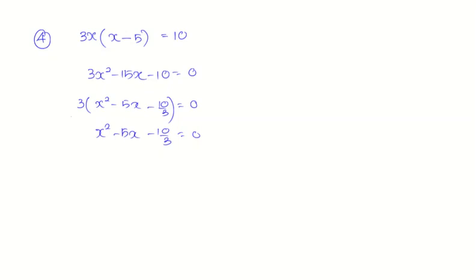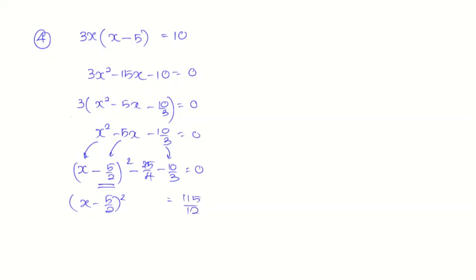Then we do the completing square again. x minus 5 over 2 bracket square. And then you need to minus what? 25 over 4 minus 10 over 3. x minus 5 over 2 square equals, bring over there, 10 over 3 plus 25 over 4, 115 over 12.